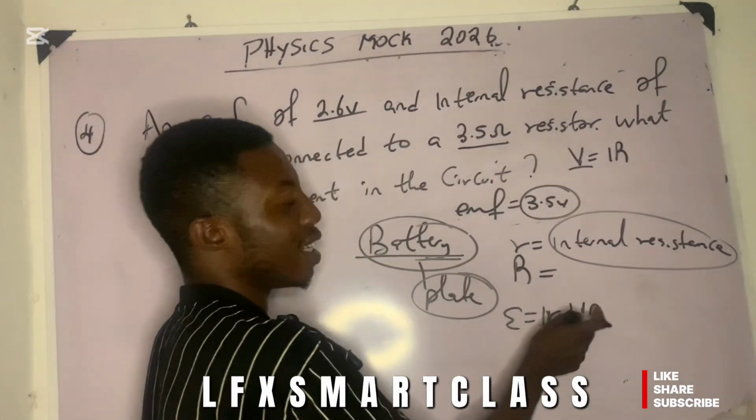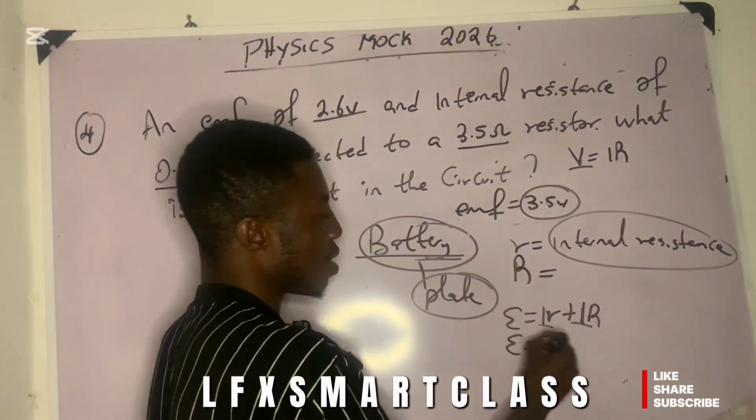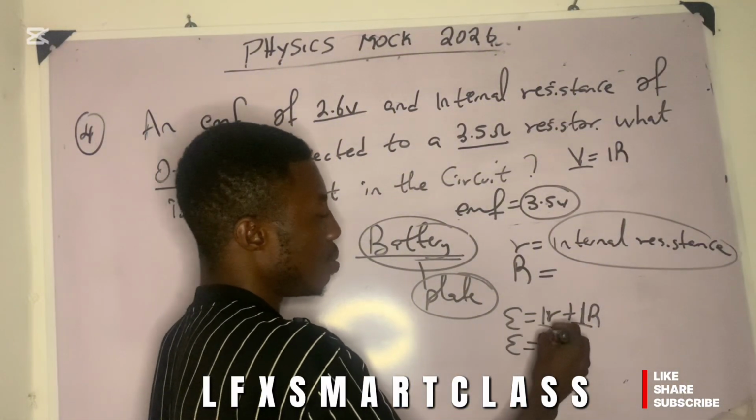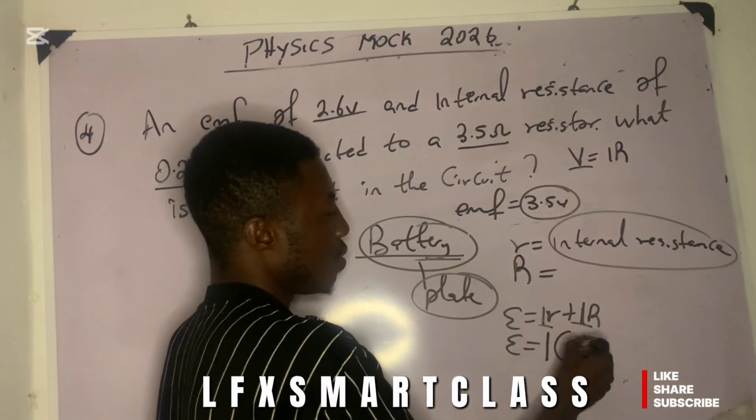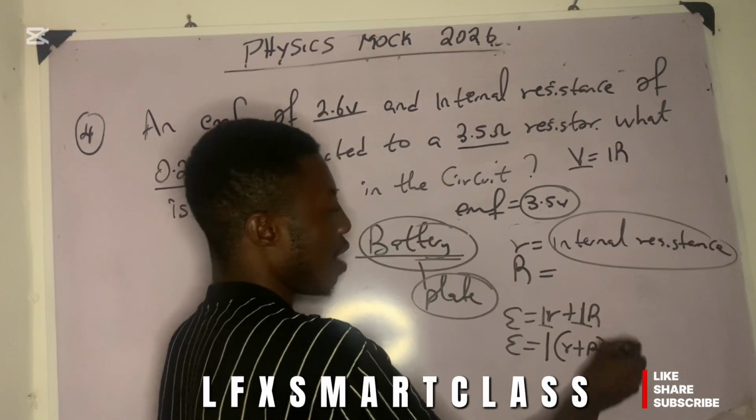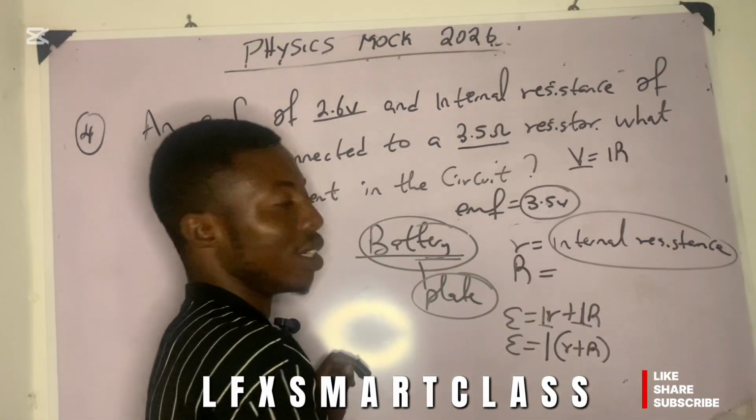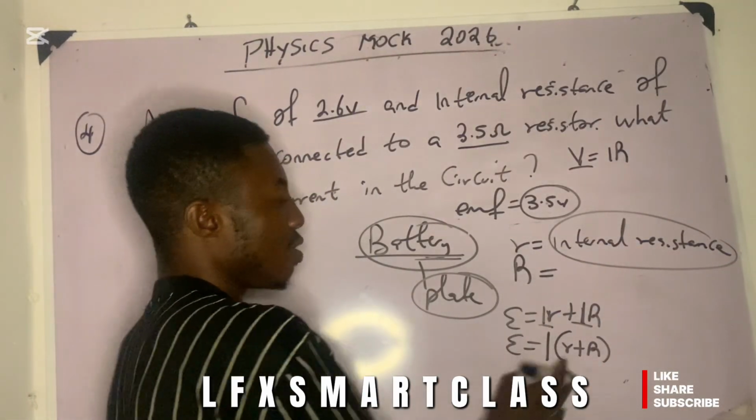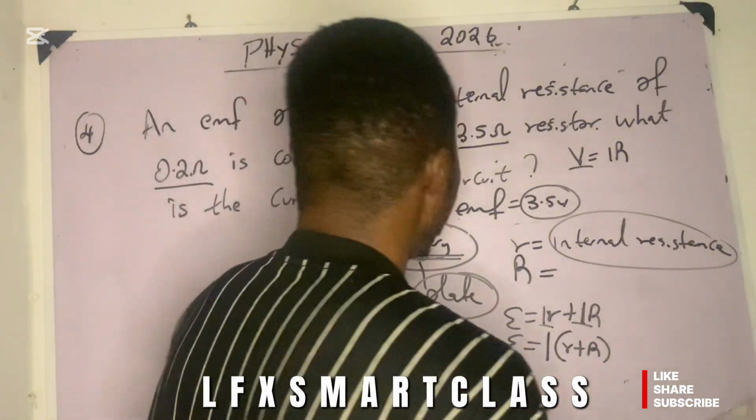I is common in both. So if you pick the common one, I factorize it, and it becomes E is equal to I times small r plus big R. So this is the formula for solving EMF.